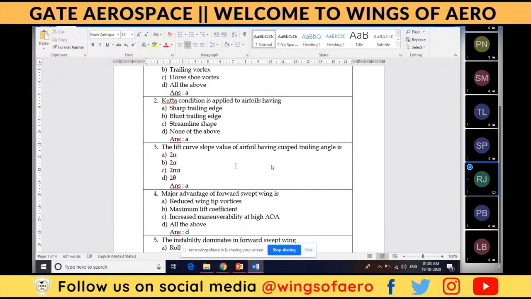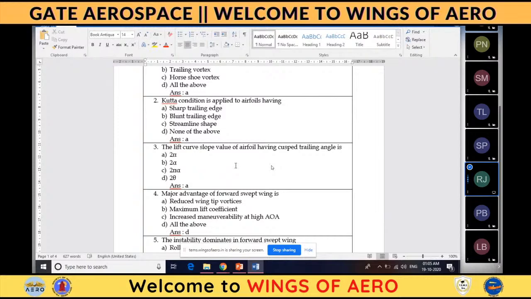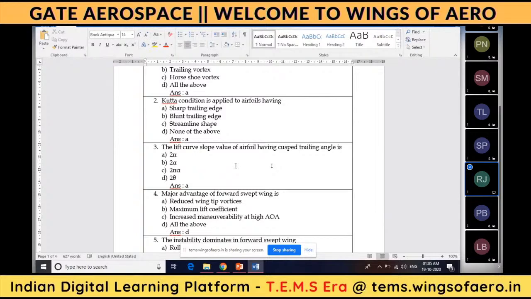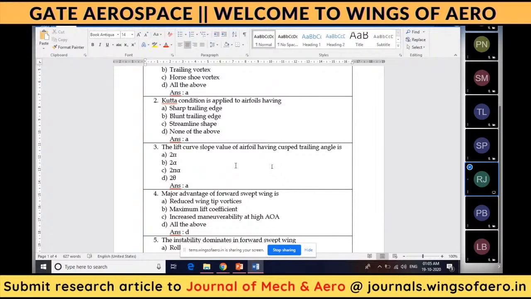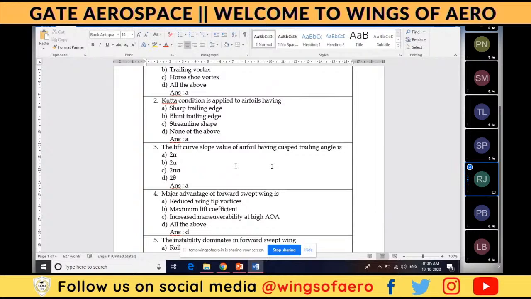What are the advantages? I already discussed it now, and in the last session also we discussed it. So for the forward swept wing, the main advantages are that maneuverability is increased even at a high angle of attack, the lift coefficient is also increased, and we know that for a forward swept wing, the wing tip vortices are also reduced.